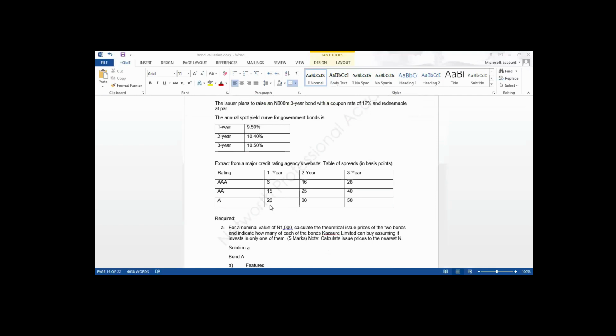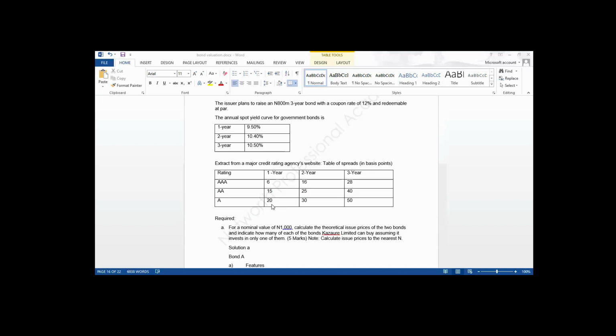You are given 20, 30, 50. This credit spread is given to you in basis points. What do you do? You need to convert basis points to percentage. To convert basis points to percentage, divide by 100.